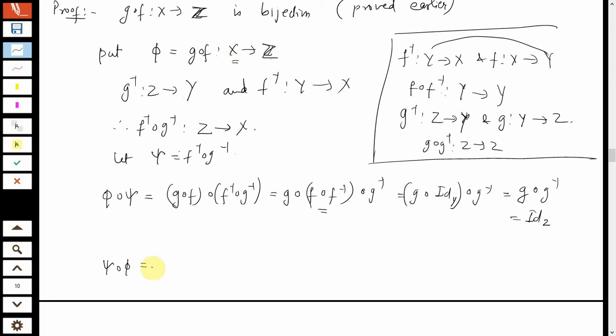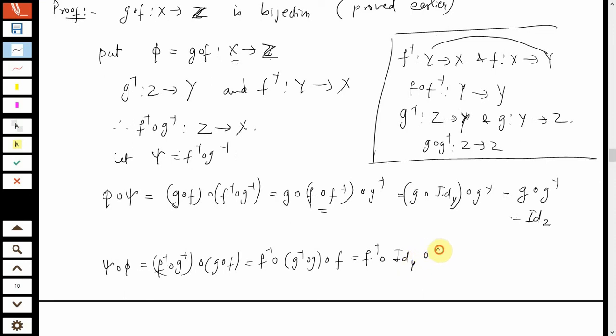How do we do it? In a similar way. Now this is the same as F inverse composite G inverse composite G composite F, and so you reshuffle the bracket: F inverse composite G inverse composite G, composite F. Now G inverse composite G is going to be a map from Y to Y, so this is the identity map on Y. Composite F, I'll combine this first.